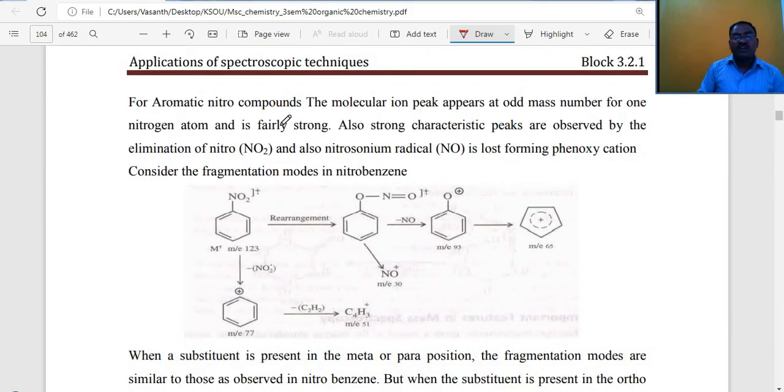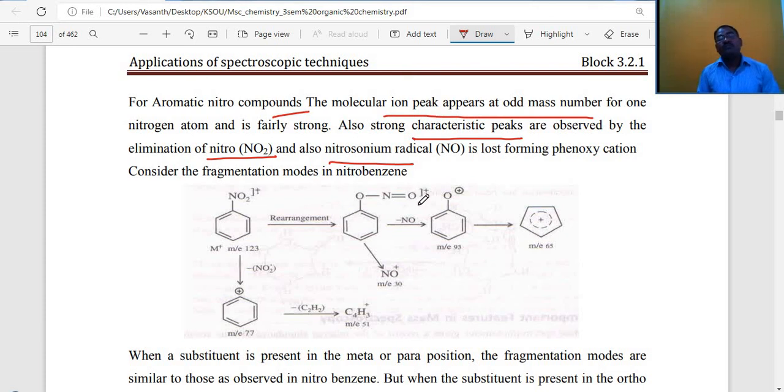For aromatic nitro compounds, the molecular ion peak appears at an odd mass number for one nitrogen atom and is fairly strong. Also, strong characteristic peaks are observed by the elimination of nitro and nitrosonium radical.